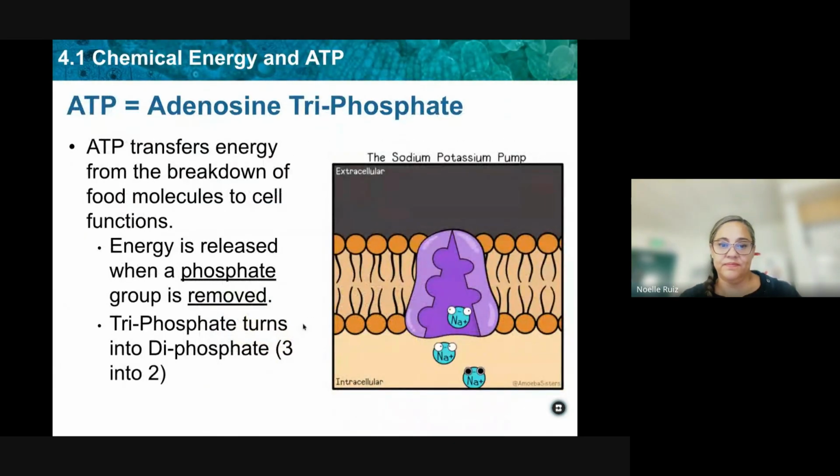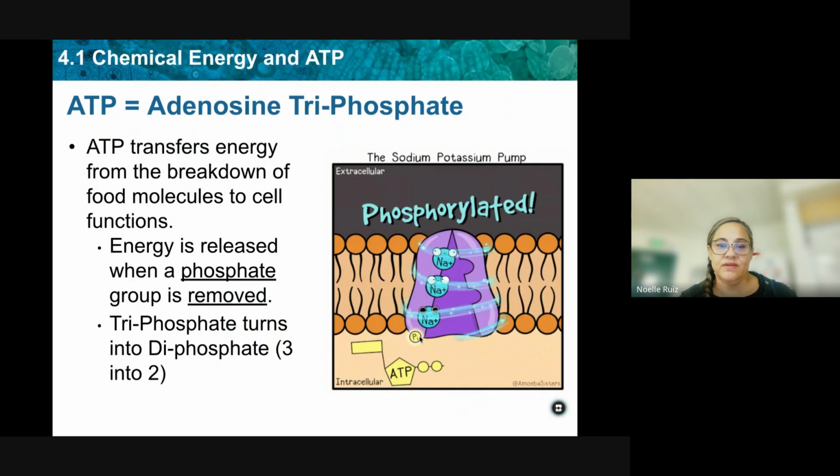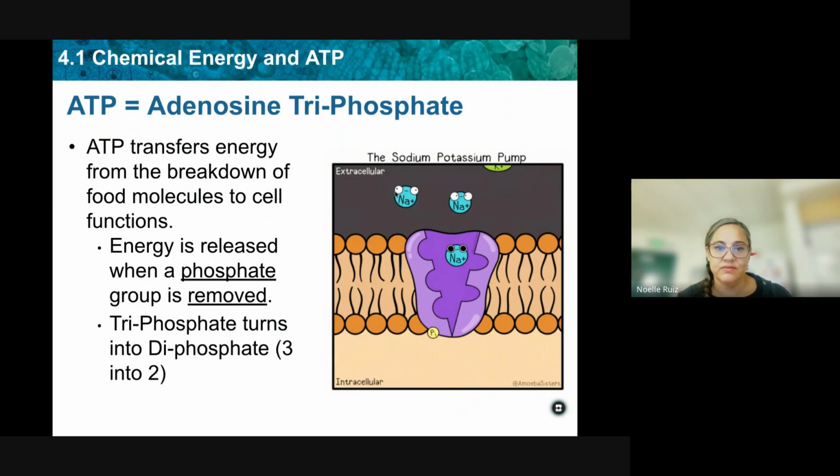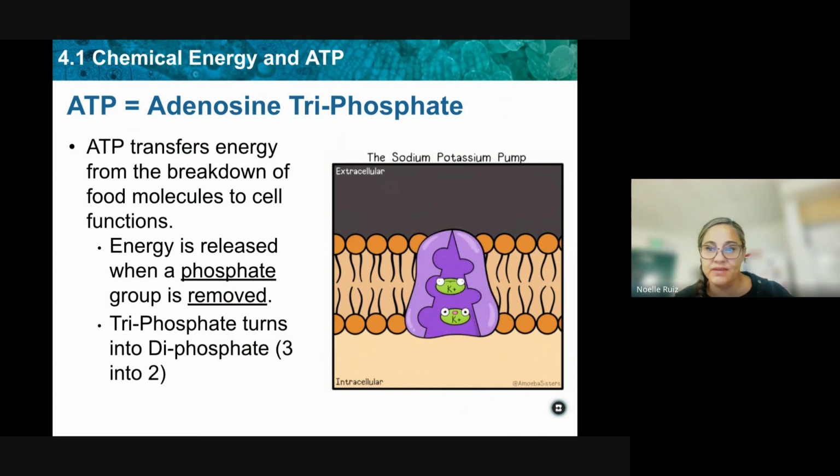The ATP comes, donates one of its phosphates to be a key to open that door, and those sodium molecules can now get outside of the cell. And then K plus is potassium. The potassium comes in, that individual phosphate goes away, and it opens the door the other way.